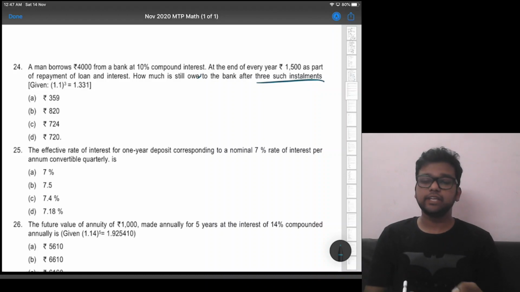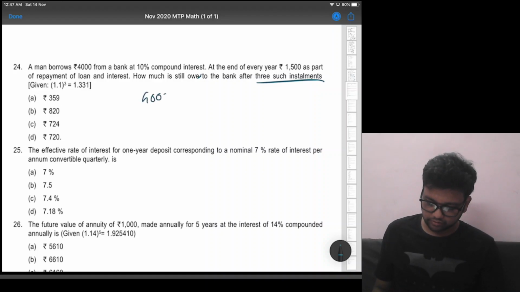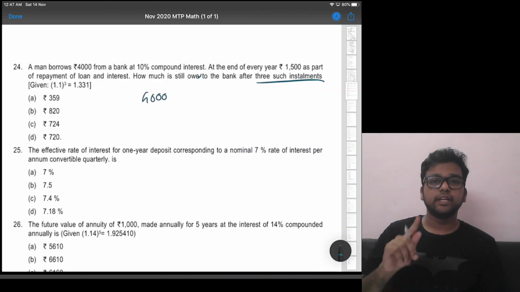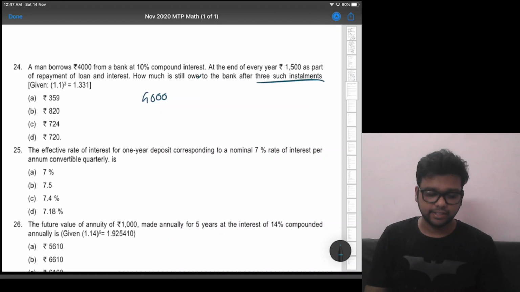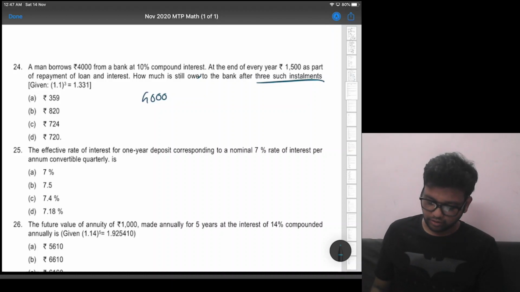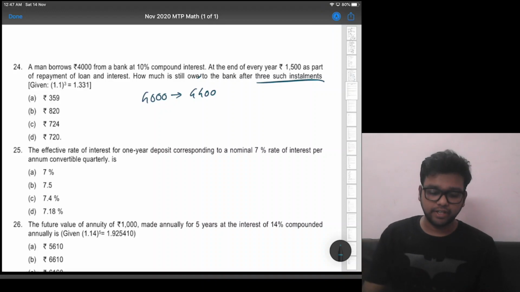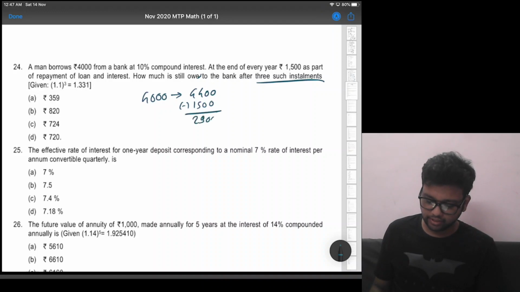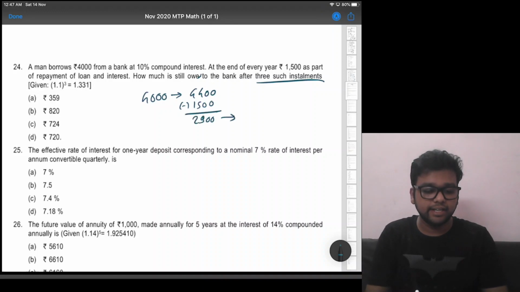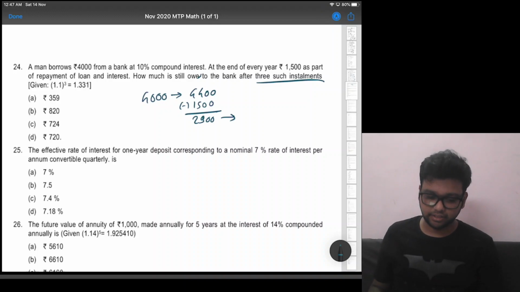See, initially we have 4,000. Take on calculator 4,000. Then in first year we'll add 10% interest, so plus 10%. So after first year it will become 4,400 minus 1,500, because we'll pay 1,500 then. If we subtract 1,500, it becomes 2,900. Again for second year, let's add 10%, plus 10%. That becomes 3,190.